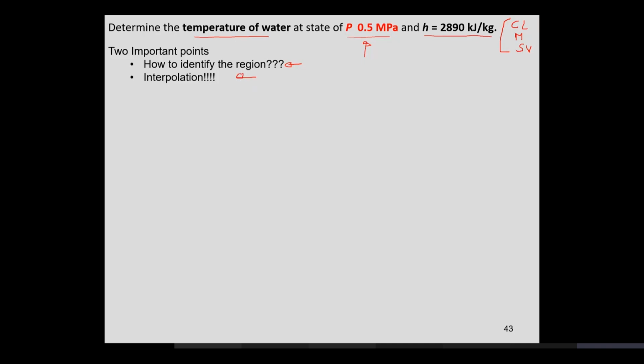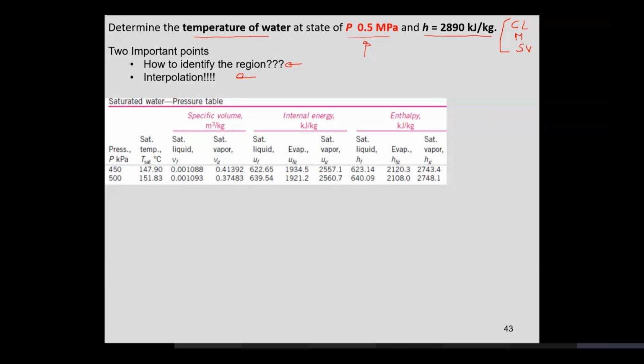So the first thing, how would you identify the region? You'll go to saturated water pressure table, which is table A5 for 0.5 megapascal or 500 kilopascal. The value given to you of enthalpy is 2890 kilojoules per kg. Now, if you see the enthalpy values, you would see that for saturated liquid, enthalpy value is 640.90. For saturated vapor, it is 2748.1. 2890 doesn't lie in the table.